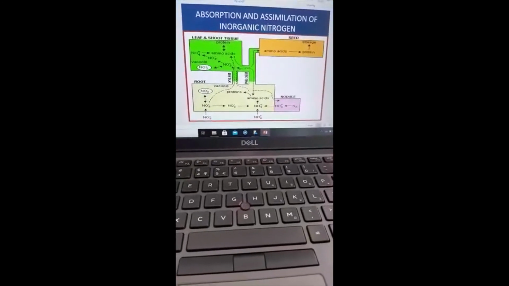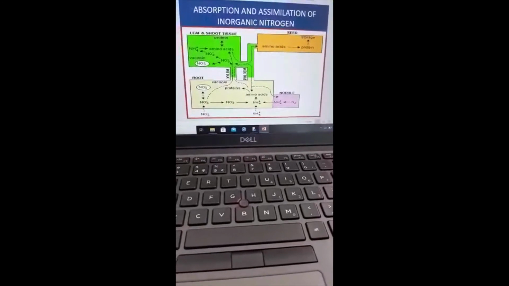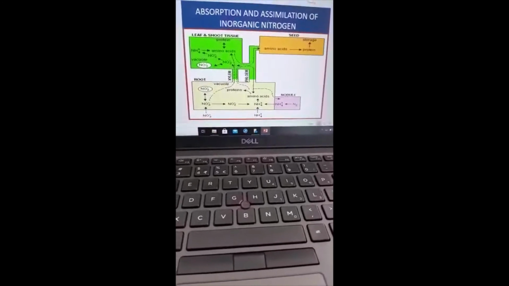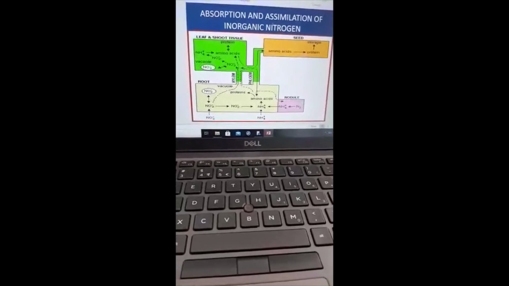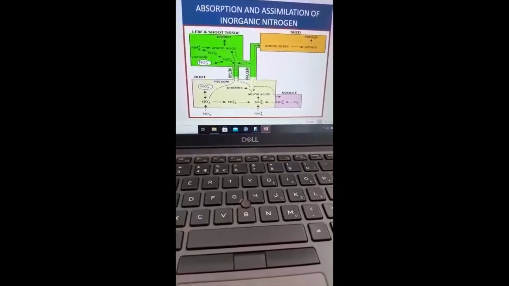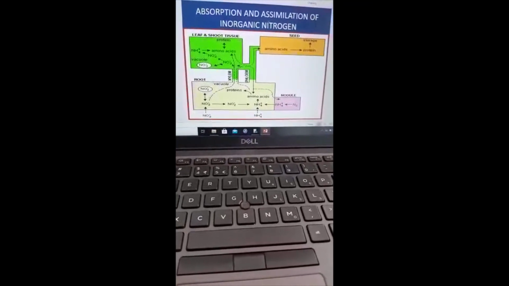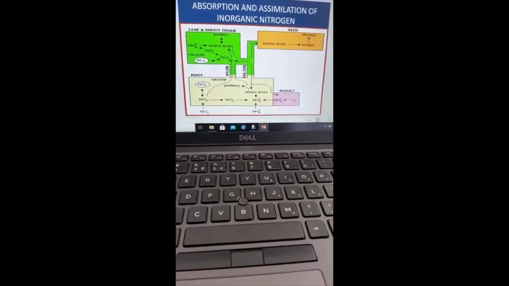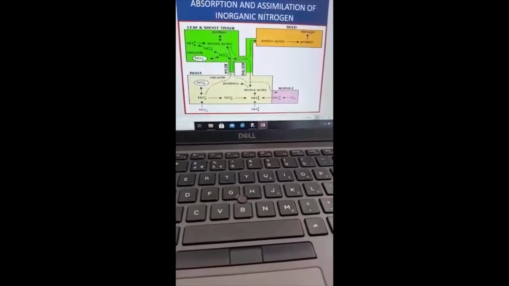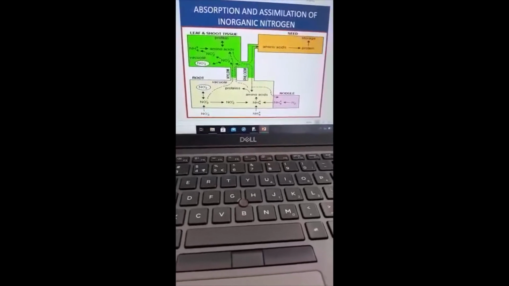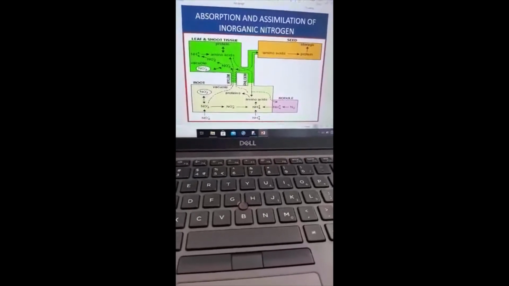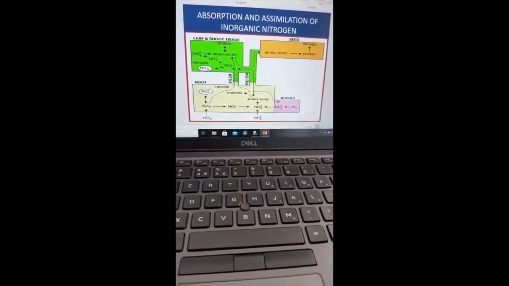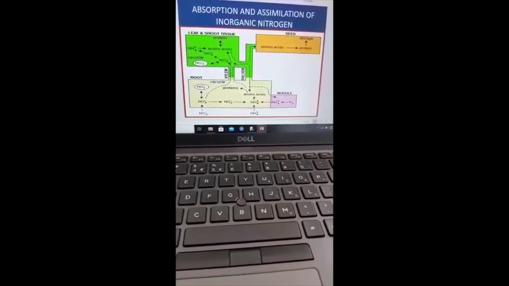Nitrate being a negatively charged ion, and ammonium being a positively charged ion. Both are two forms of nitrogen, and one can be predominant in a particular soil depending on the soil conditions, and the other can be dominant depending on conditions prevailing in that environment.